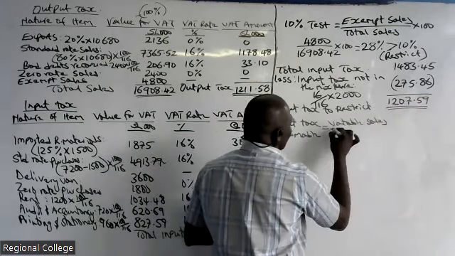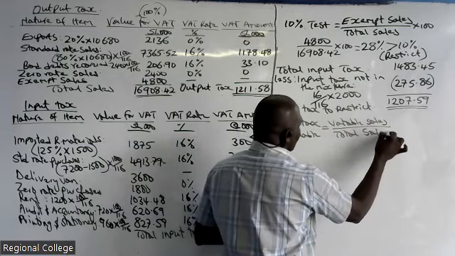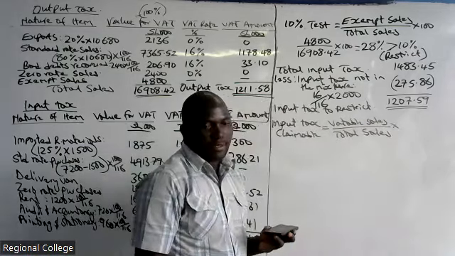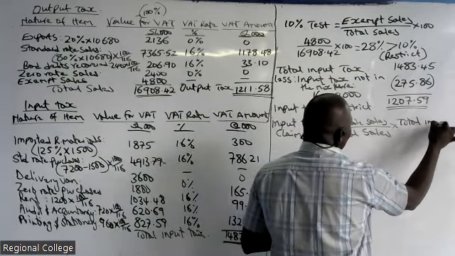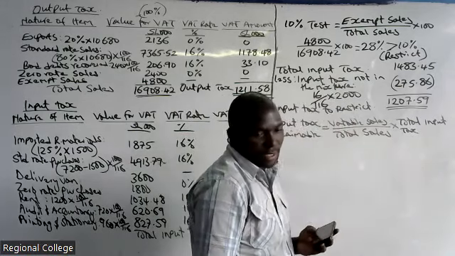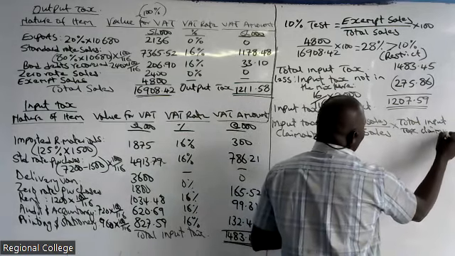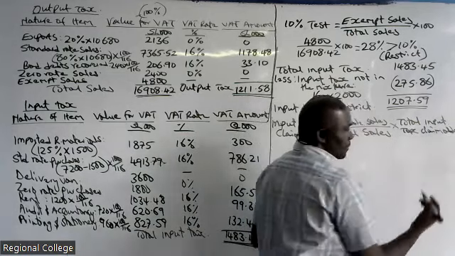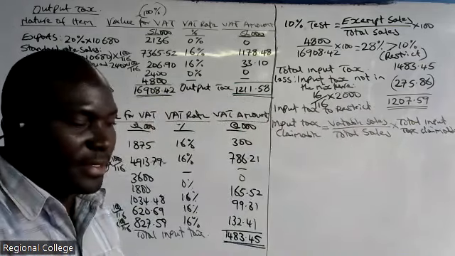Variable sales divided by what? Total sales times total input tax. Total input tax claimable. That's total input tax claimable.